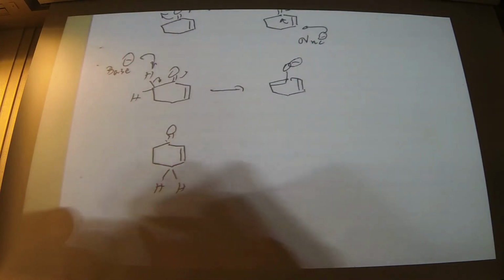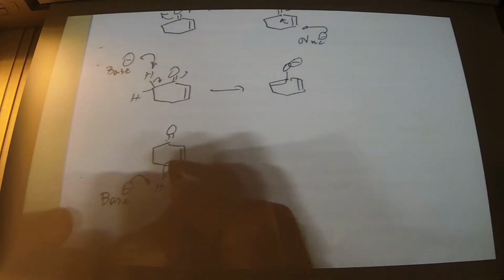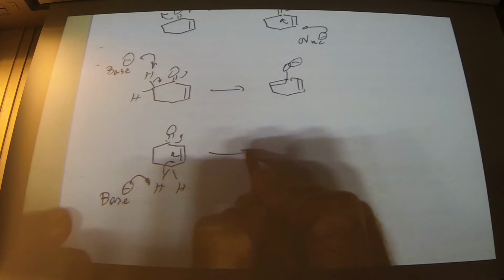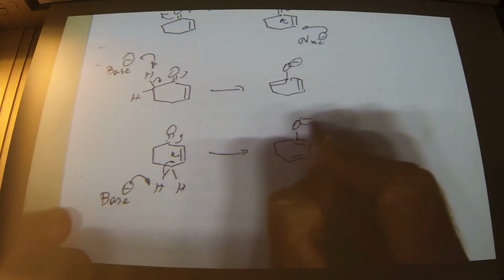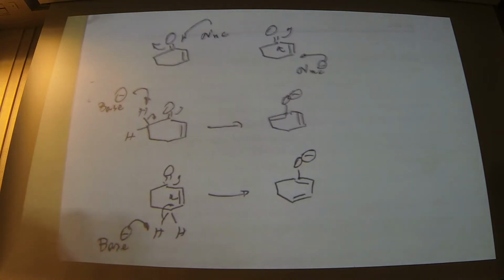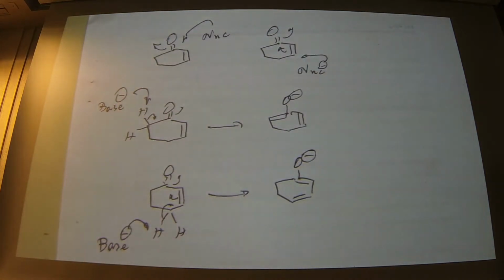And so base can react like so to form this enolate. And so all of a sudden, I've got four different kinds of reactivity based on first principles. Which one takes place is something that we can make very good predictions about based on first principles. And you're going to see how we do that.